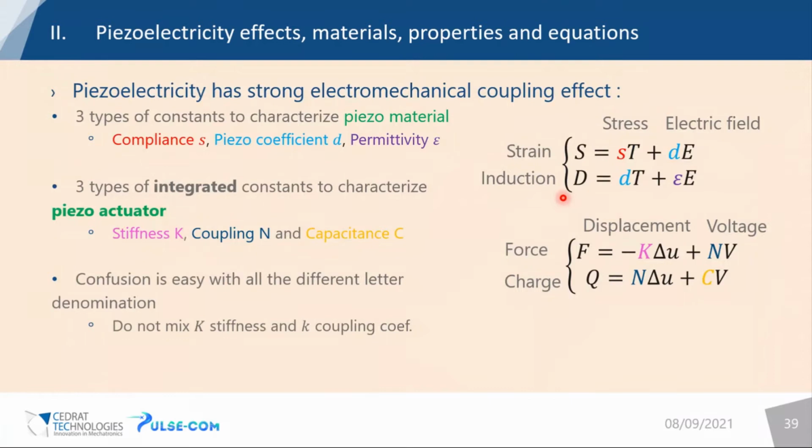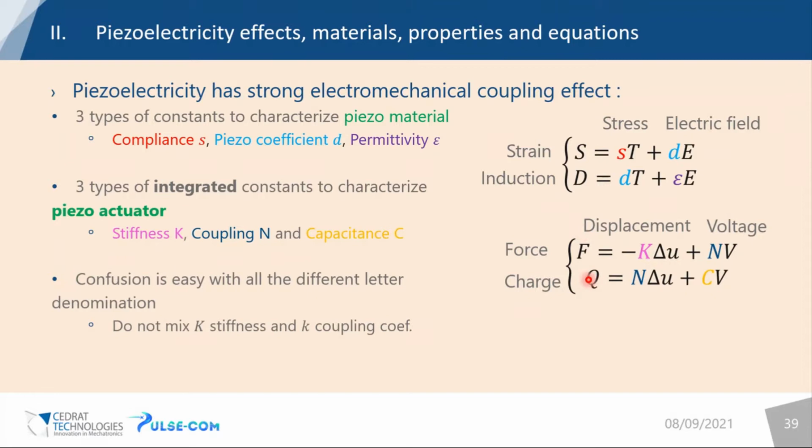A little recap here. I mentioned this before, but we have added 3 new types of integrated constants to characterize piezo actuators: the stiffness K, the coupling N, and the capacitance T. They link the voltage that you apply at the edge of your piezo ceramic, the displacement of your actuator, and the force that is exerted at the edge of your piezo ceramic.